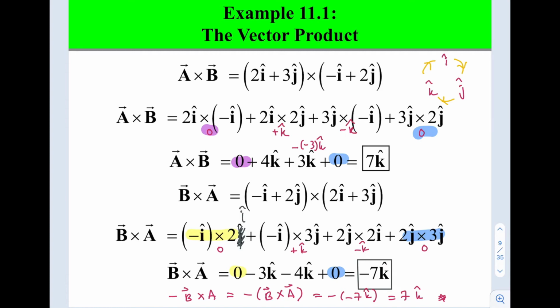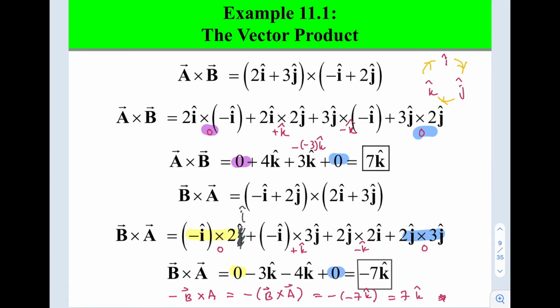So j cross i means we are going to have opposite direction, negative k. So we have 3 times negative 1 will give us negative 3. But don't forget our answer must be negative of it. So negative of negative, you will get positive 3k. Then j cross j will give us 0. So we have 4k plus 3k, we will get 7k.